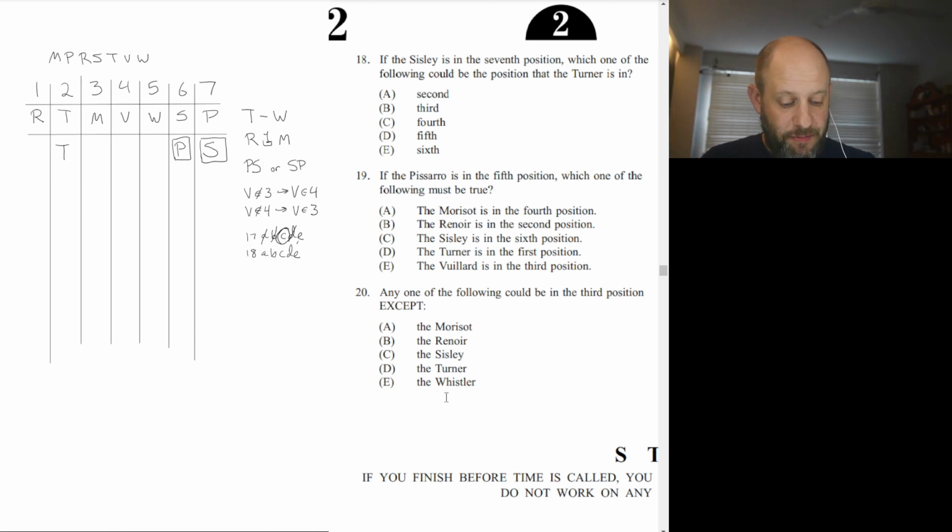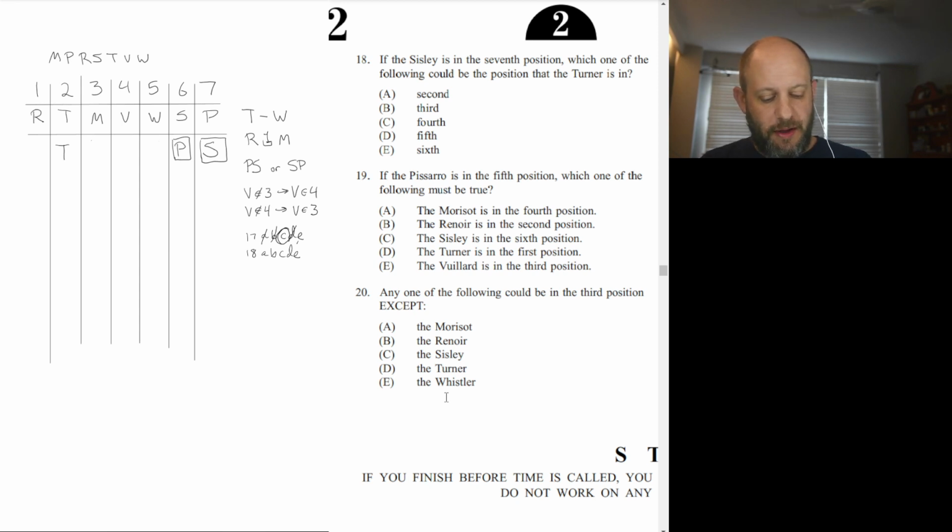What happens if I put R and M here? That certainly seems to be a possibility open to me. If that's true, I know that W has to come after T, but I also know that V has to be 3rd or 4th. That means W and V are going to be battling for that 4th spot, and they both have to be there, which they can't be, which means I can't put T second and R and M 3rd and 5th. Okay, that can't be where I put R and M.